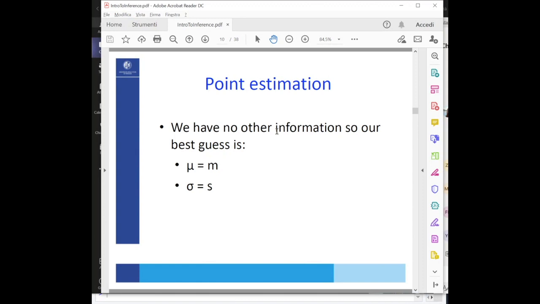This is called point estimation, and it is correct because it's the best we can do. But in this instance, we know that we are not right, because mu is not 120.6. It is 120. We know it now, but normally we don't know this.